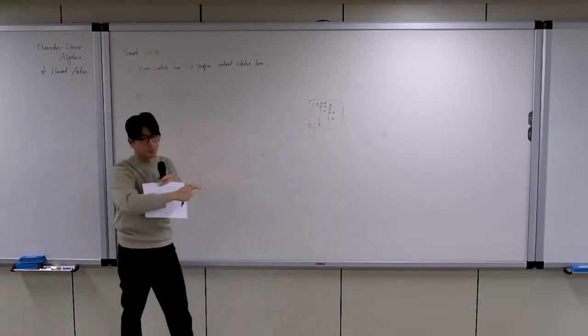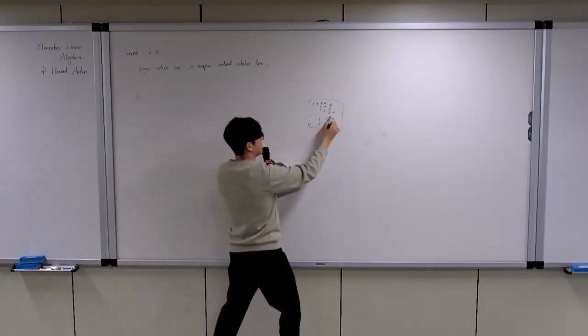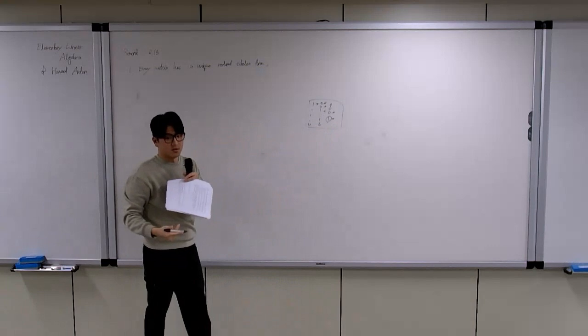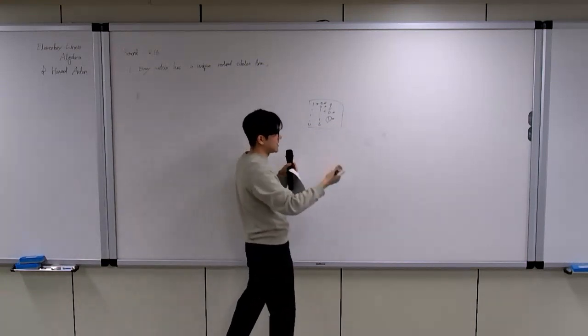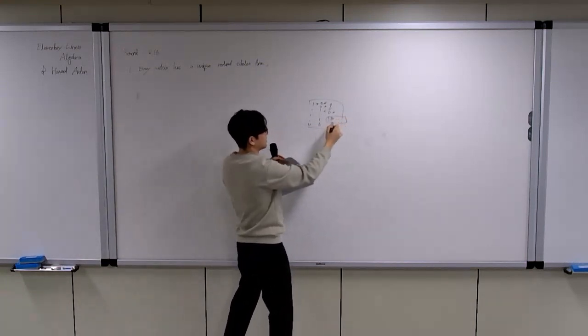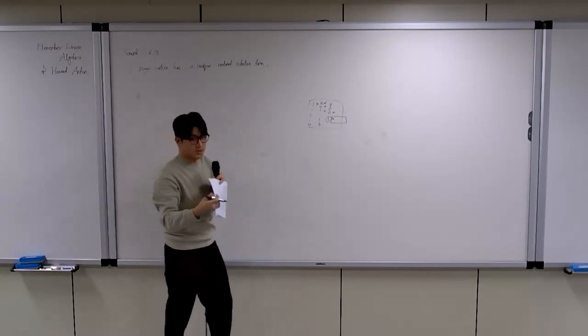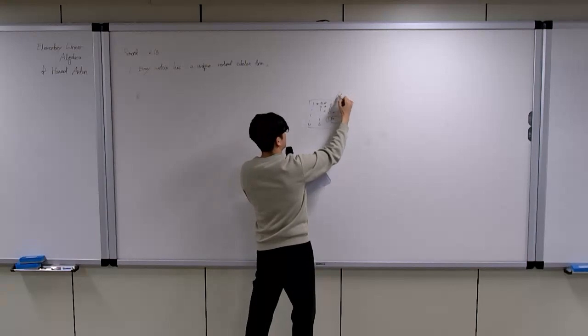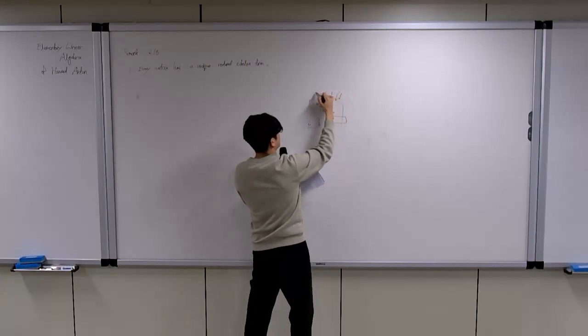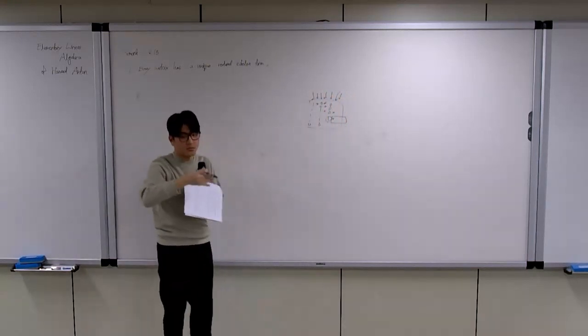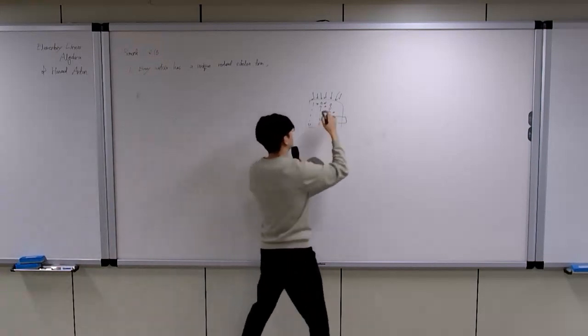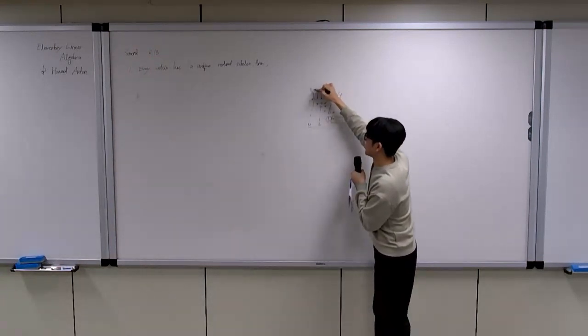This form means we give these variables as free variables, and the column vectors mean the leading variables.